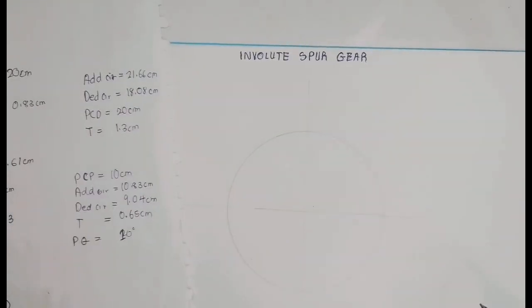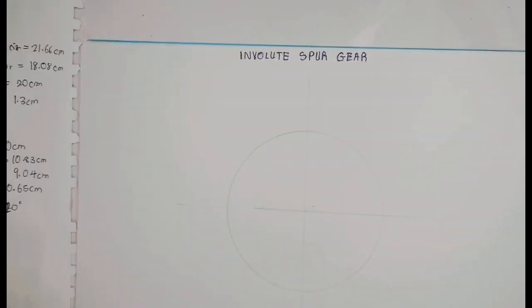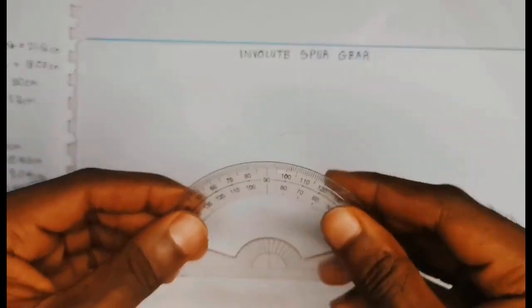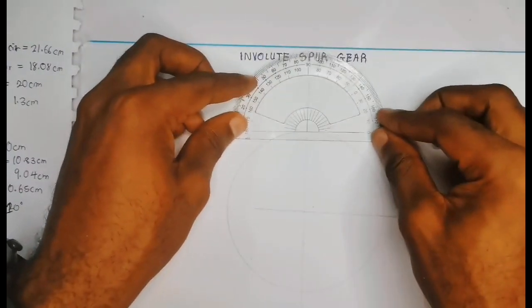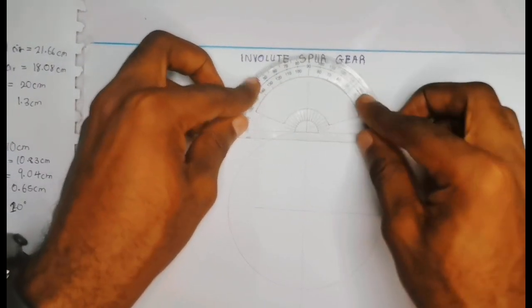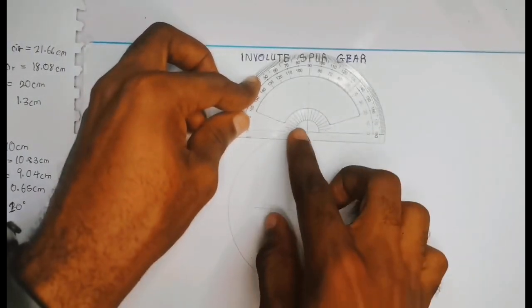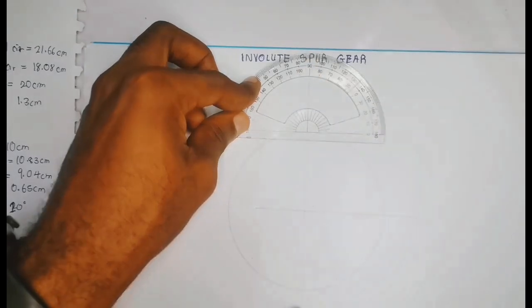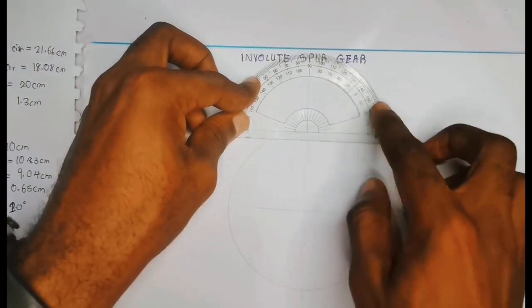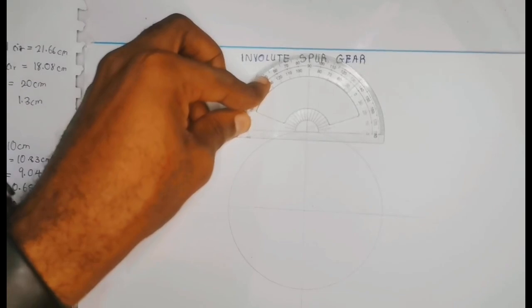Then we draw a circle. Then next, we pick up our protractor, place it right on top of the PCD, and make sure it aligns with this line drawn here, aligns with the 90 degrees, and is right on top of the PCD.